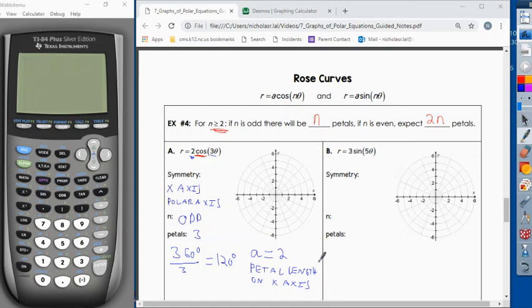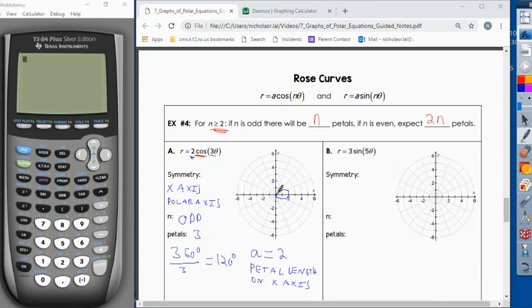With that being said, we're going to go up, so we move 2. So 2 units right here. So that's 1 petal, okay?